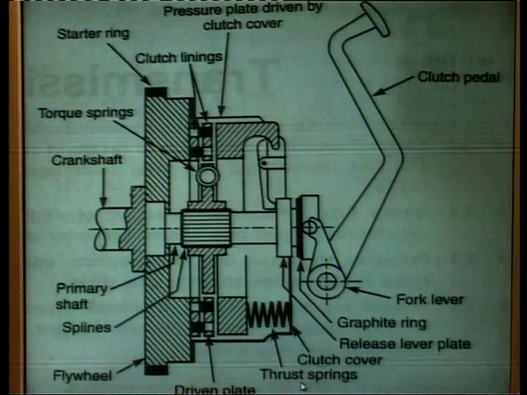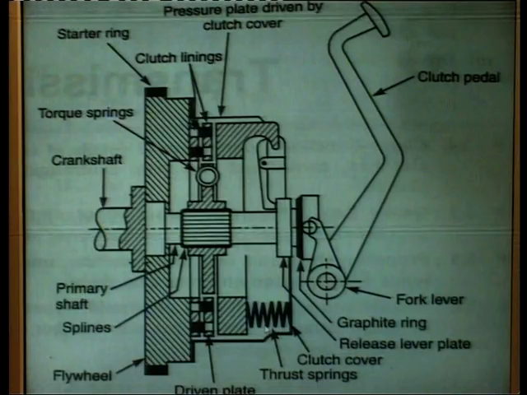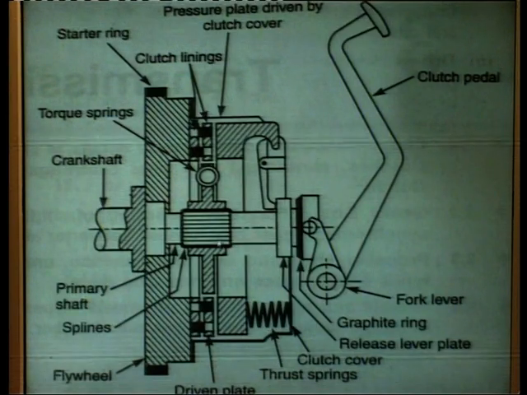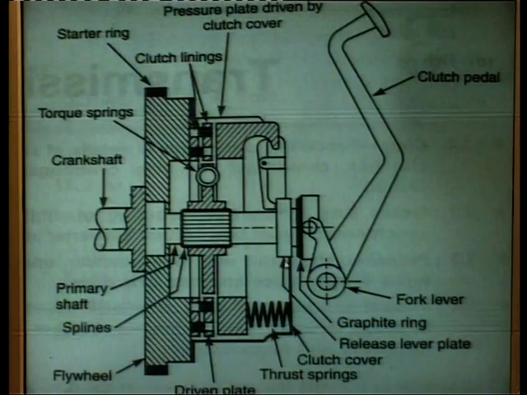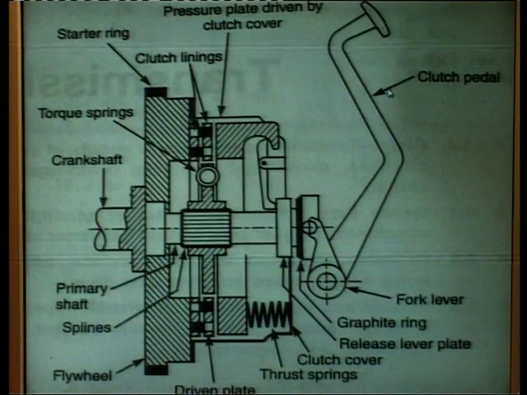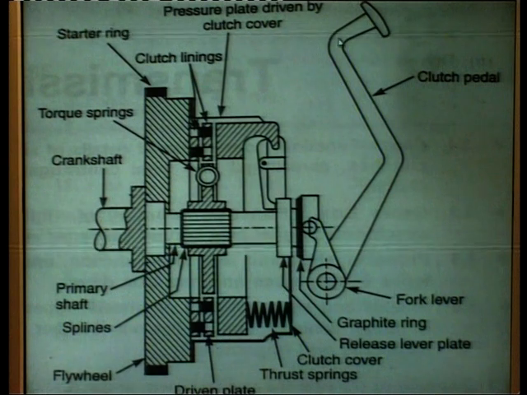Then this is the thrust bearing, which develops the pressure on the clutch plate. Then this is the release bearing. Then these are graphite rings. This is the clutch pedal. When you press the clutch pedal, this moves forward and develops a pressure on the clutch plate.